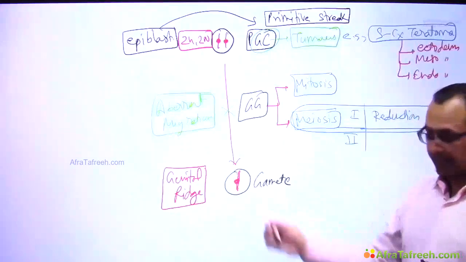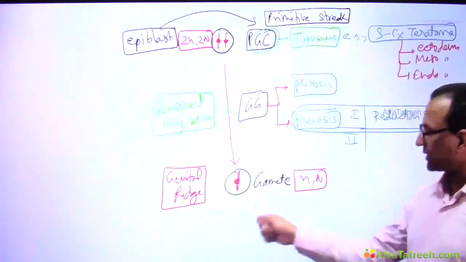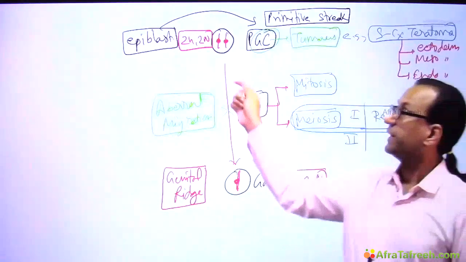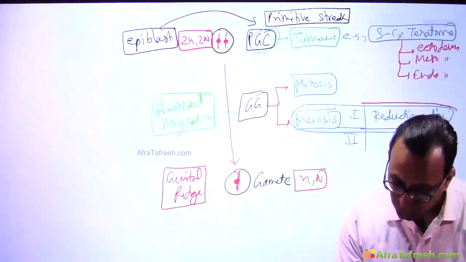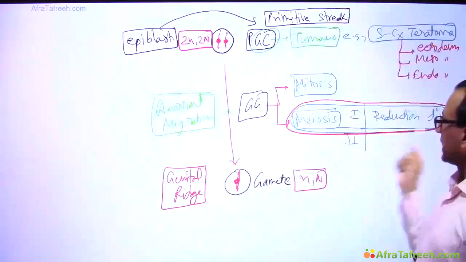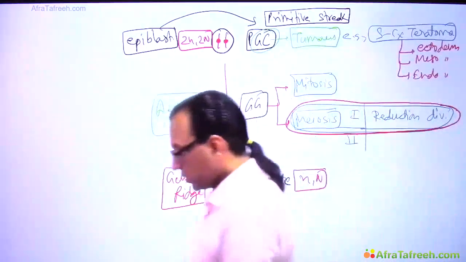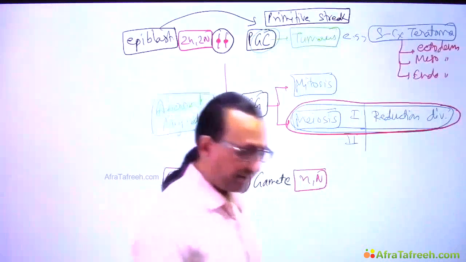So this is the gamete, which is n. If it has become haploid from a diploid status, when does that happen? That happens during meiosis 1, which is a reduction division. Let's move on to the further details.